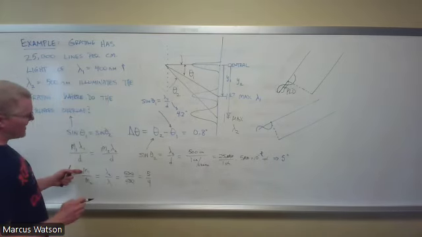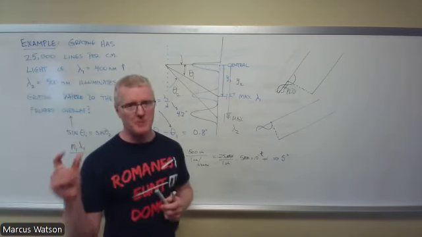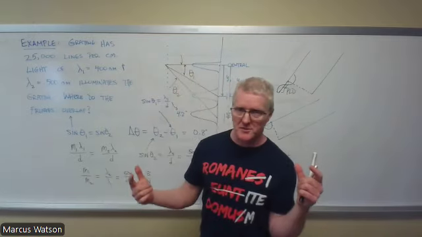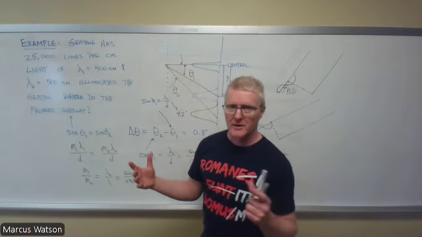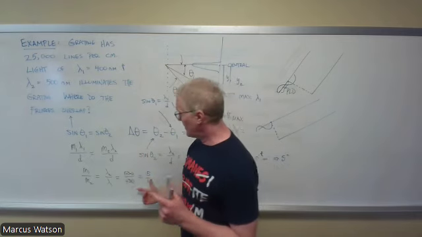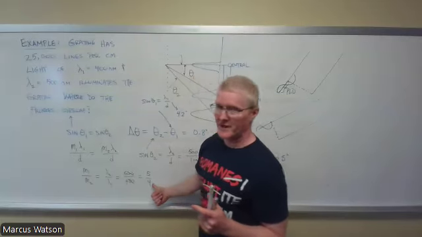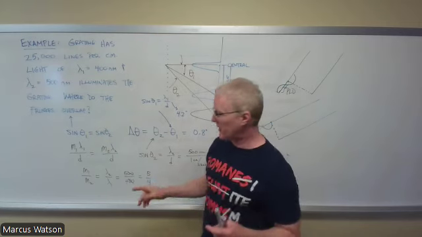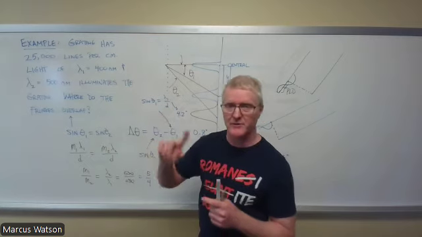Such that if I take M1, which is the fringe number of the smaller wavelength, I've had more fringes of the smaller wavelength and fewer fringes of the longer wavelength, right? So at number 5 for the 400, at number 4 for the 500, these two will overlap. They'll be right on top of each other. But I will have more fringes for the lower wavelength than I do for the other one.